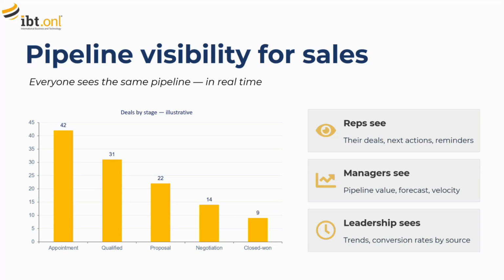A fair few gets lost in negotiation to the closed lead. So in terms of appointment to closed one, it's very important that the rep can see the deals, what's happening, reminders, tasks, but then also the managers can see what the forecast is, how quickly we're closing deals. And then this is easy to report to leadership, trends, conversion rate.